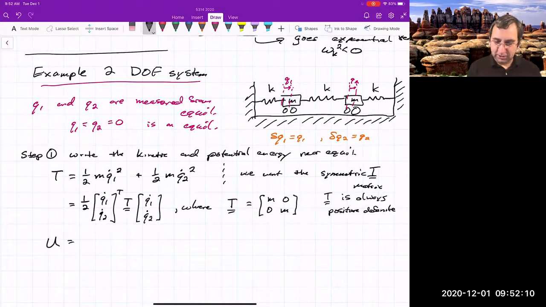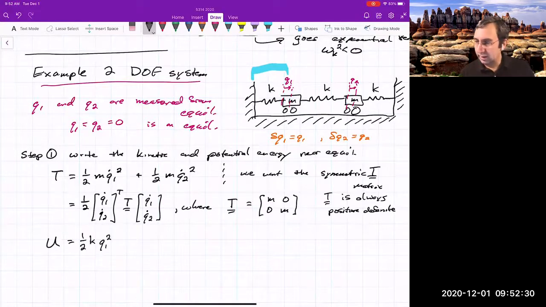Let's get the potential energy. This is going to be tricky. There are 3 springs, so we need to look at the stretch in each spring. The stretch in this first spring over here gives us 1/2 K Q1 squared. And just to make life easier, let's do the spring on the other end.